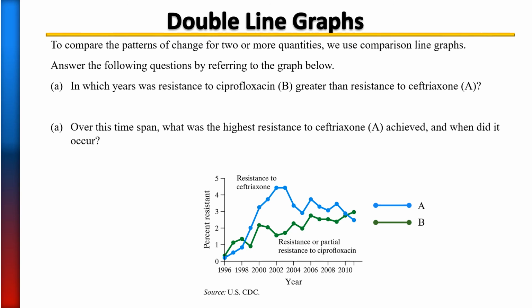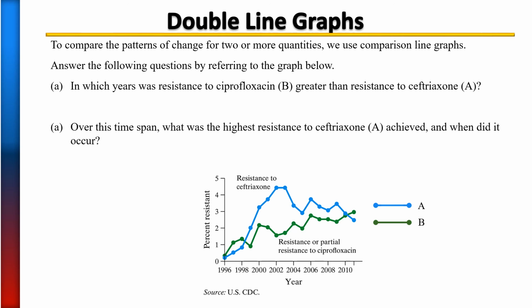Let the green represent the Cipro, and let the blue represent the Ceph. So I want to know in which years the green line, which is Cipro, was greater than the blue line.